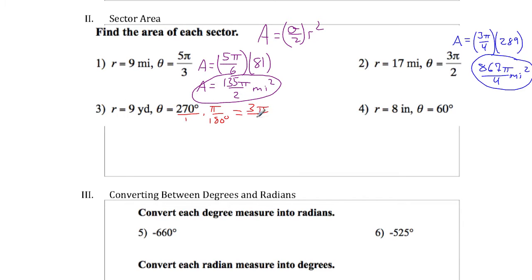So this is 3 pi over 2. And so the area is going to be equal to 1/2 of 3 pi over 2, which is 3 pi over 4, times the radius squared, which is 81. And so we're going to have 81 times 3, which is 243, pi over 4. And this is in yards, so we get yards squared.